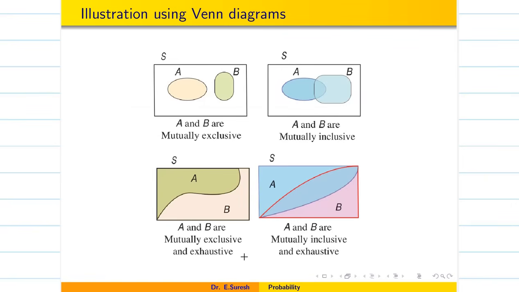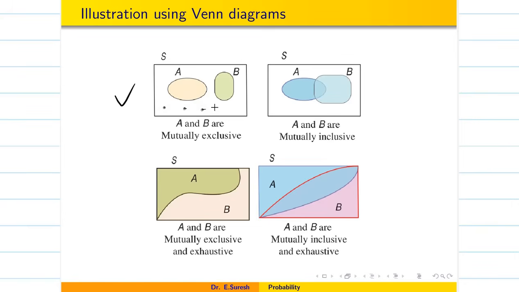Now I will give a complete idea and explanation about whatever data we discussed. If two sets, A and B, are in no way connected, then A and B are mutually exclusive. There is nothing common between them.